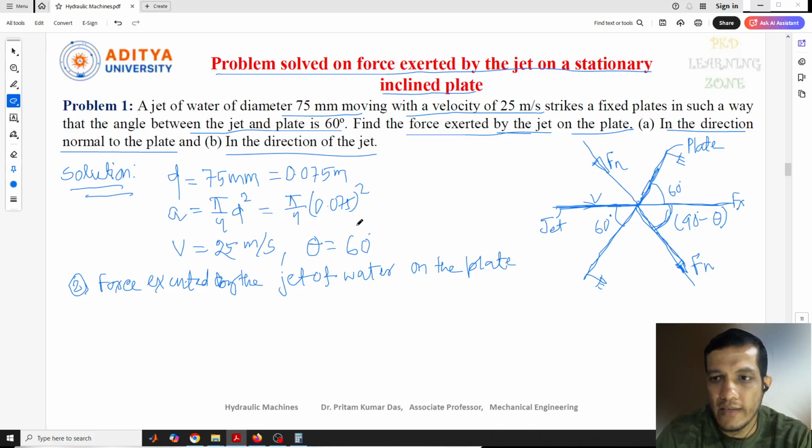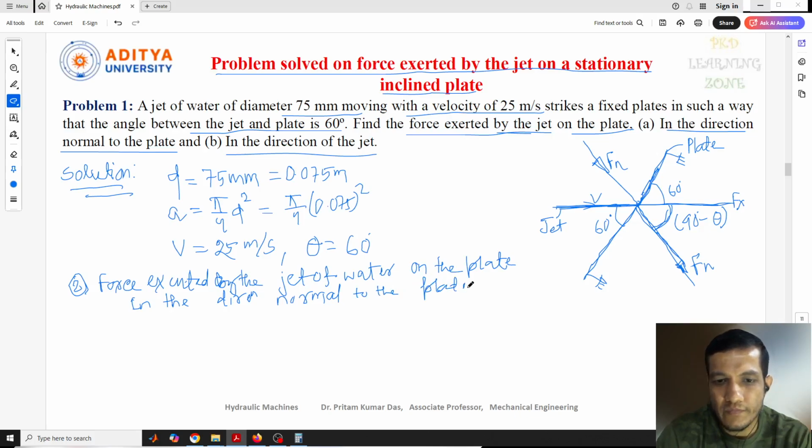The condition we will consider is in the direction normal to the plate. So this is the first condition actually, normal to the plate.